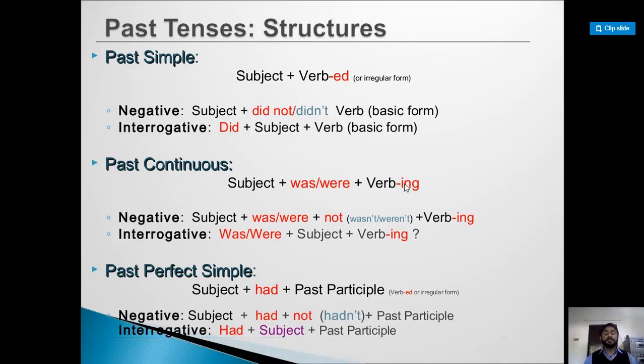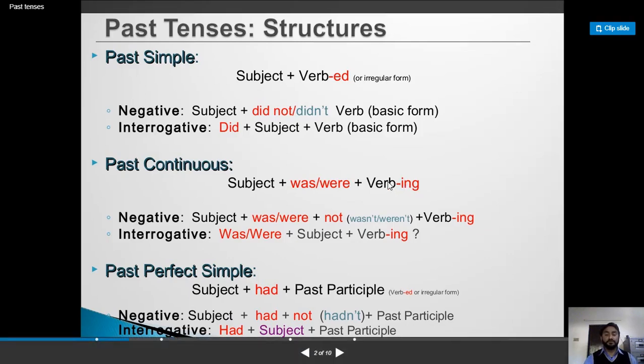In all the continuous tenses, the present continuous, past continuous, future continuous, present perfect continuous, past perfect continuous and future perfect continuous, all six continuous tenses, you use the ing form of the verb in the progressive tenses.